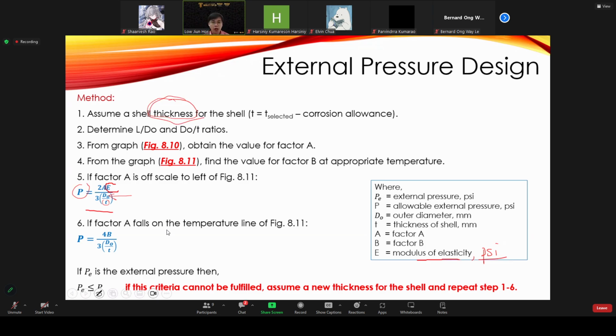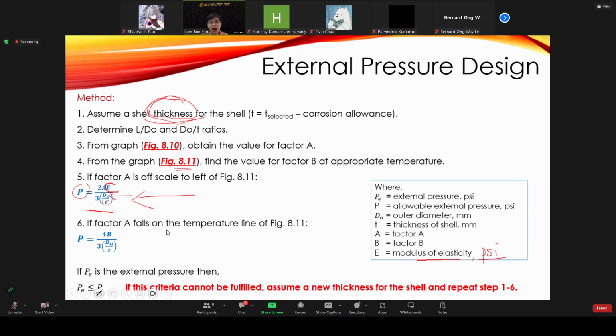If not, then you need to assume a new thickness and repeat the calculation, the procedure, the steps that I explained just now. Besides that, we continue. We only apply this equation if we cannot get the factor B from figure 8.11.